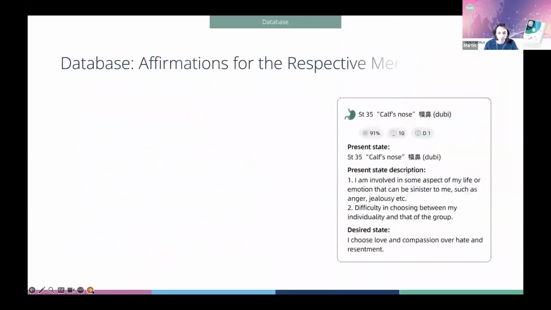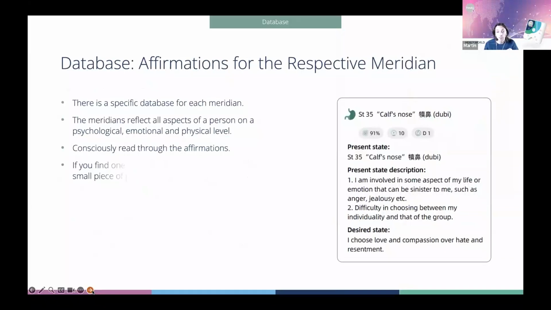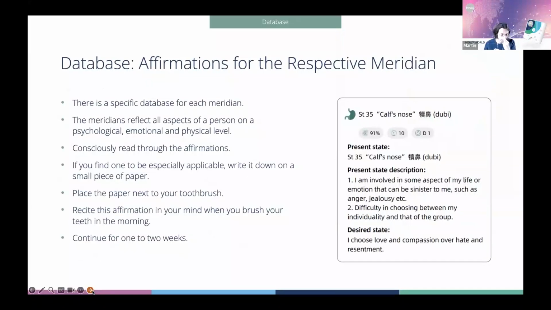Okay, let's go on. The next one is affirmations for the respective meridian. This is very important because affirmations are a very, very simple way to actually get things to change in your life. Here we have the affirmation in the desired state: I choose love and compassion over hate and resentment.